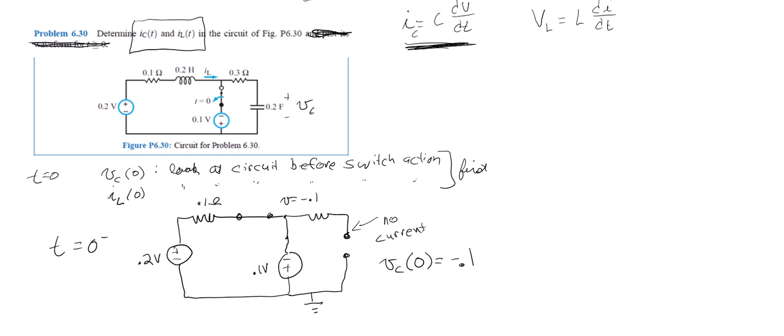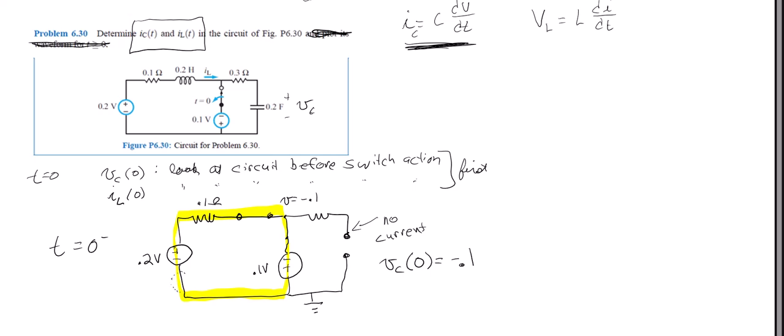So at this time, we have current in this part right here, and this is the same. So imagine that I slid this little voltage source around over to here.